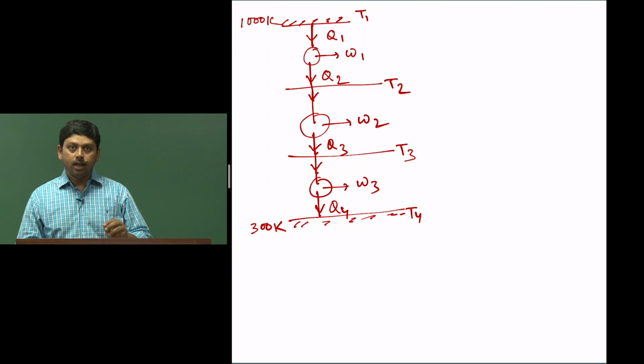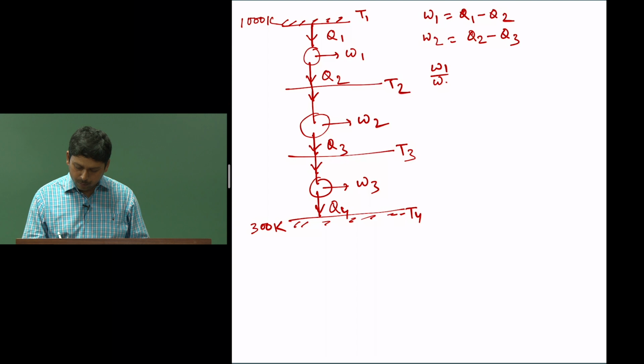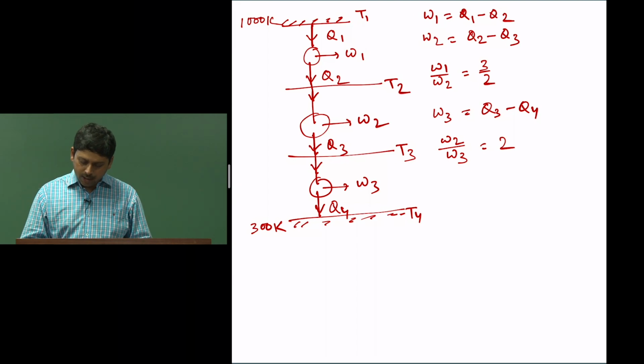Another information given is that the work outputs are in the ratios of 3:2:1, which means that we know W1 is nothing but Q1 minus Q2, and W2 is nothing but Q2 minus Q3. So, W1 by W2 is 3:2. Similarly, W3 is Q3 minus Q4, and W2 by W3 is given as 2:1, means 2. Now, using this information we can write down a few equations, equation 1 and equation 2.